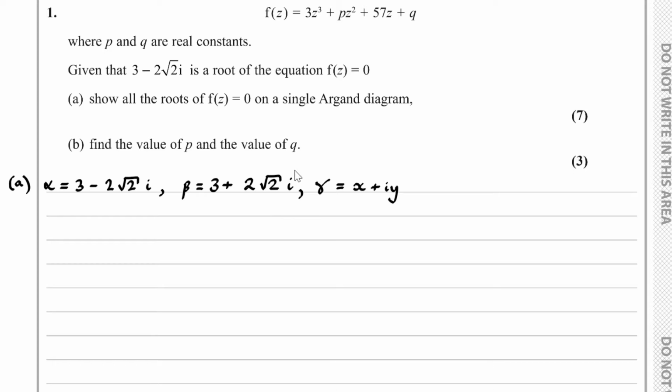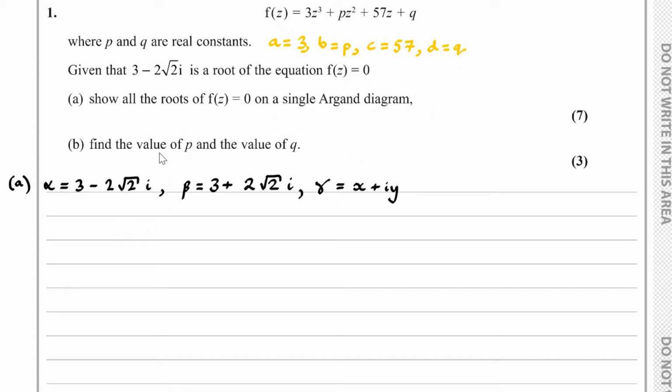Before we figure these out, we have to state the values of a, b, c and d. You can see here a is equal to 3, b is equal to p, c is equal to 57 and d is equal to q.